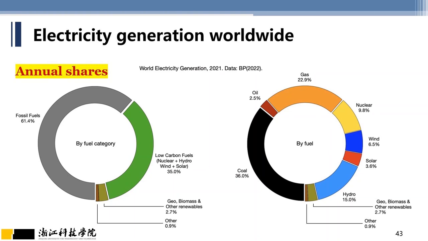More specifically, we can see the worldwide electricity generation from coal is 36%, from oil is 2.5%, from natural gas is 22%, from nuclear power is around 10%, wind power is 6.5%, and solar energy is 3.6%. And hydropower is 15%, and some other energy sources.